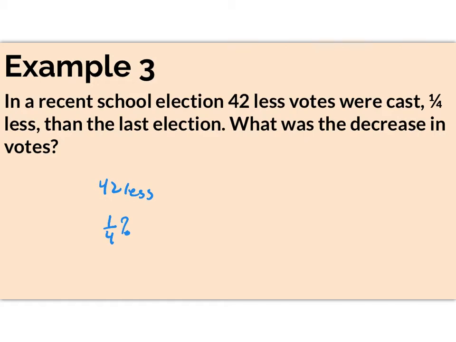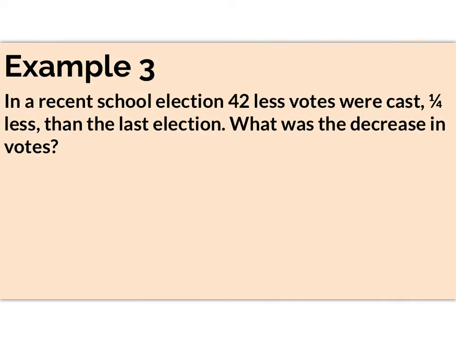So 0.25 gives us 42, which gives us 42 fewer votes times, let's say, votes. Divide by 0.25.